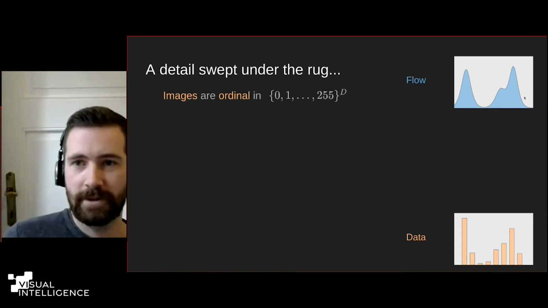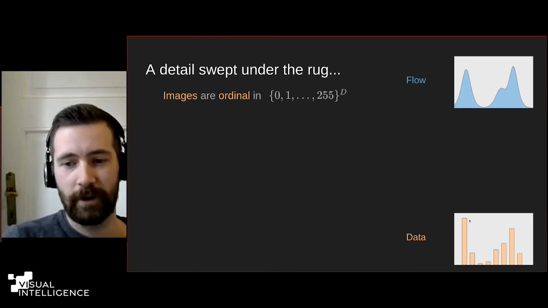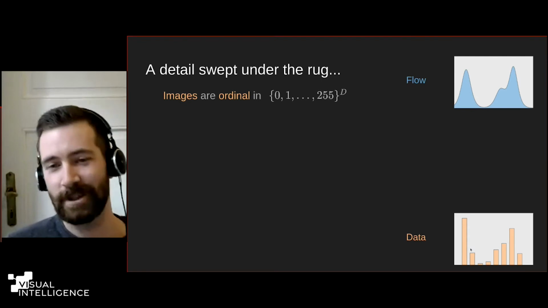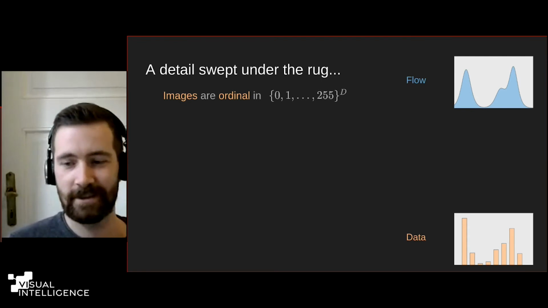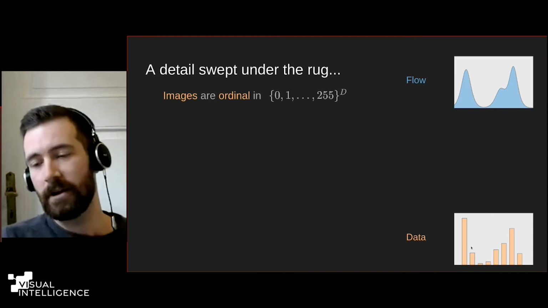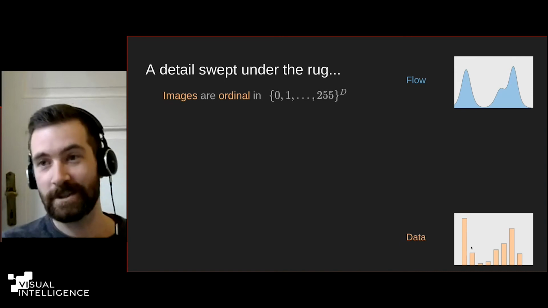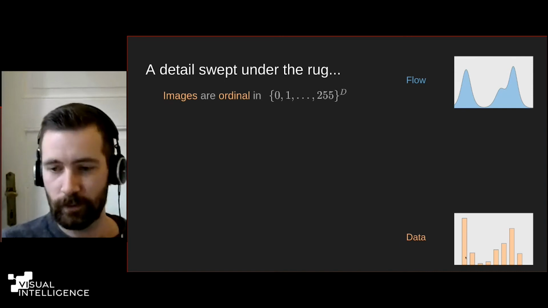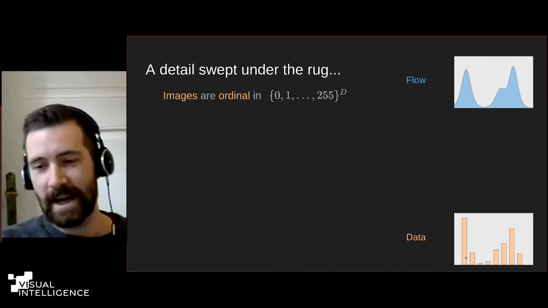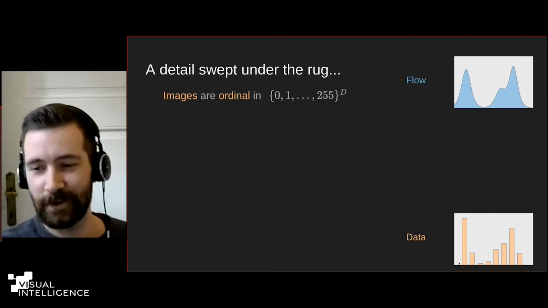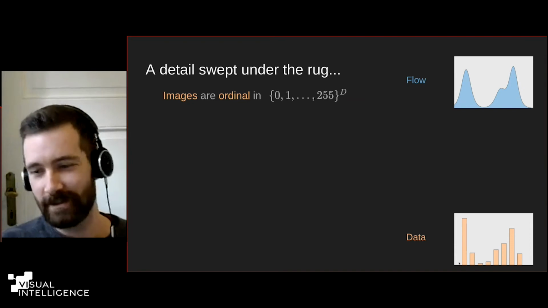Now the problem is if you try to train this flow directly on the data, and you ignore that it's actually discrete, you just treat the integers as continuous variables, the flexible continuous density will learn to essentially hack the fact that you have a finite support.